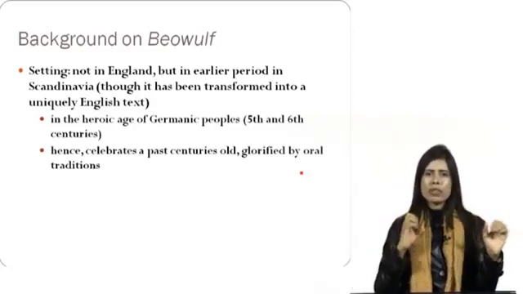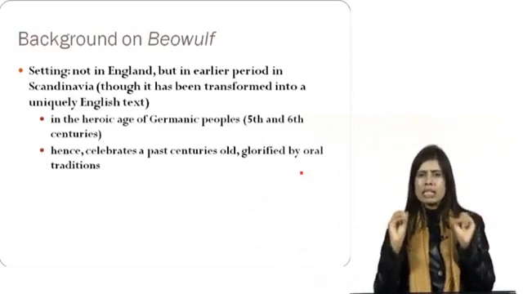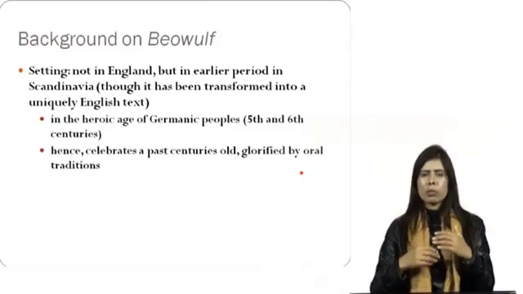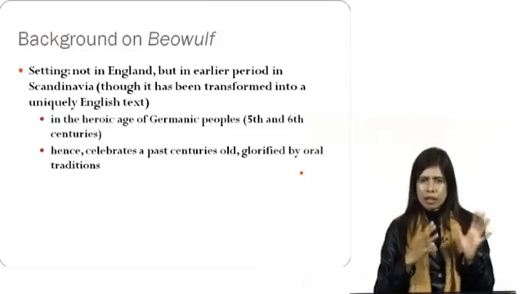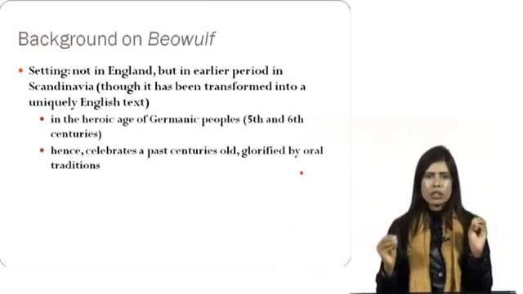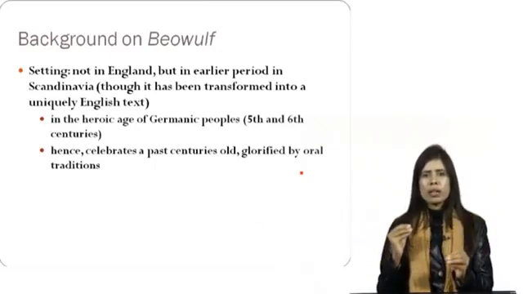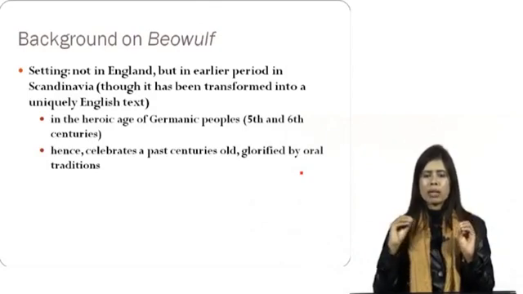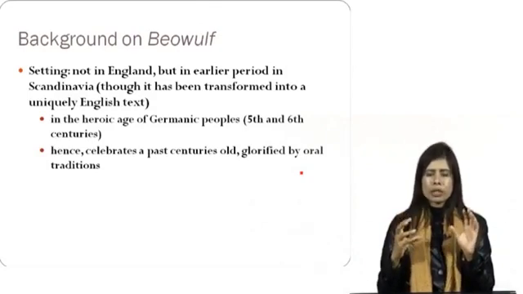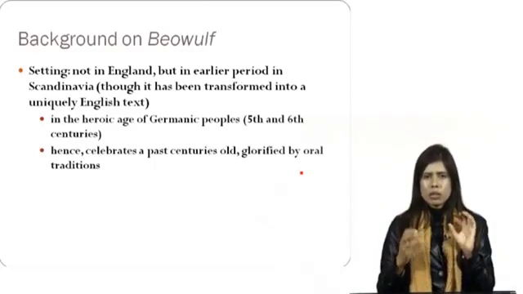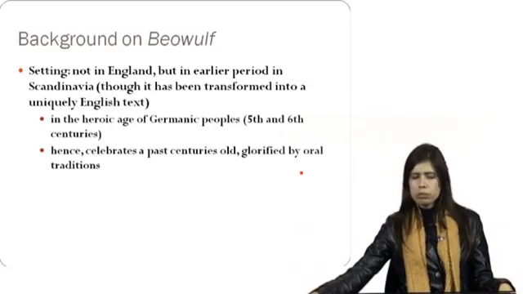With the passage of time you keep on telling your children something, and in the 19th century you can find the proper written record of Beowulf, but not before that, because they had the oral tradition of telling stories, or sharing poetry with somebody else. So this is about the heroic age of Germanic people, plus the past centuries as well.